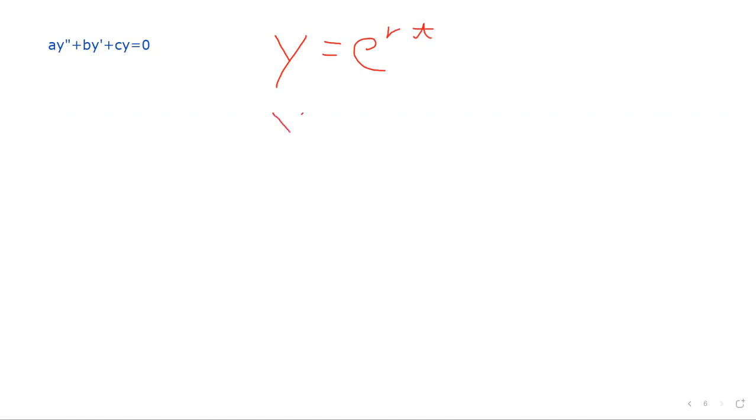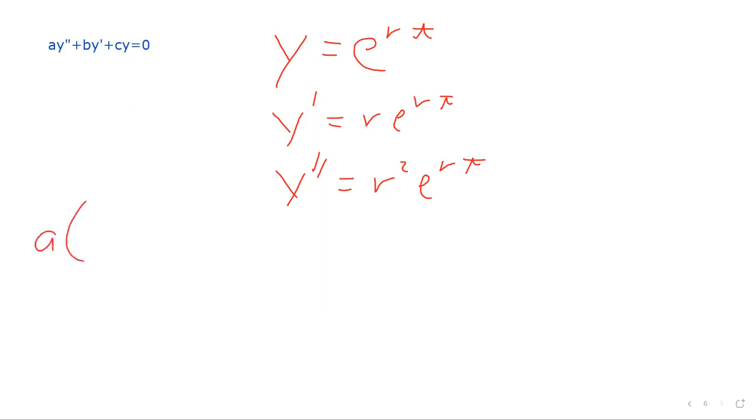So that would make our y prime r e to the rt, and our y double prime r squared e to the rt. Or they could be to the negative t as well. But let's just start on this.